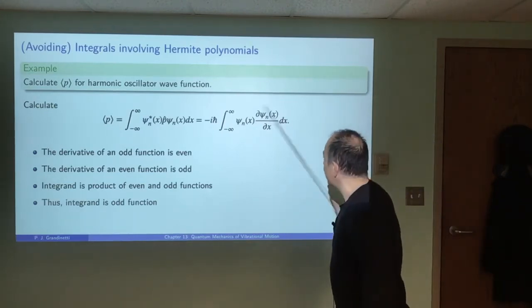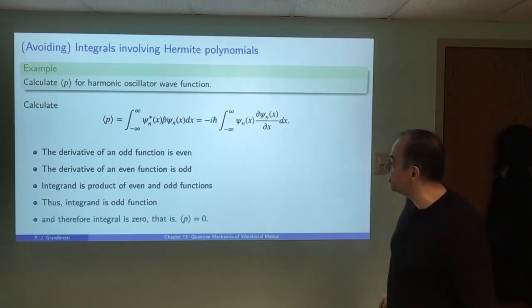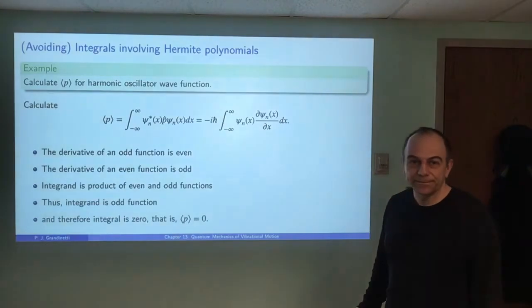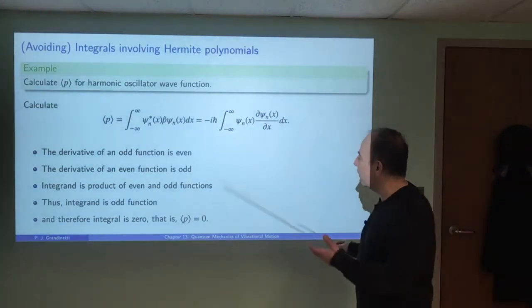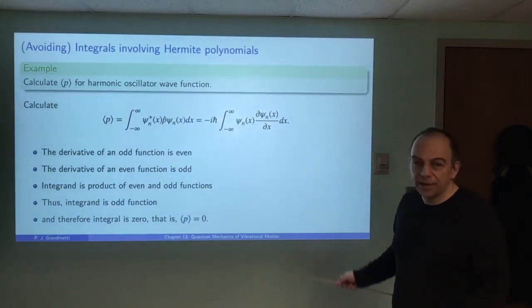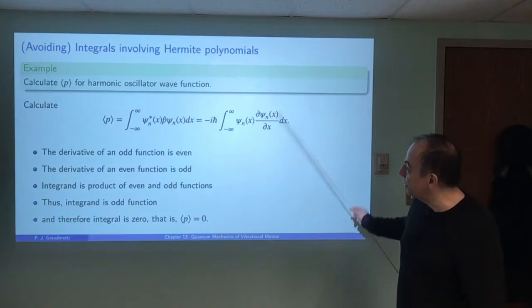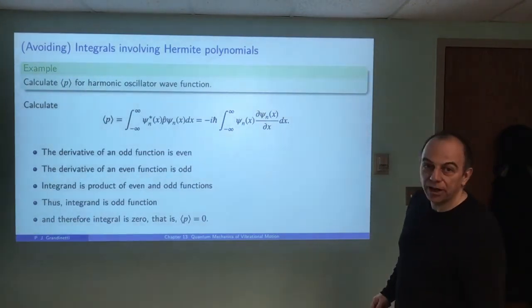So this integrand is an odd function, and if you integrate it over all values, it's going to come out to be 0. Again, never plugged in a single wave function. We were just using what we know about the symmetry of these wave functions, whether they're even or odd, to determine whether these expectation values are 0 or not.